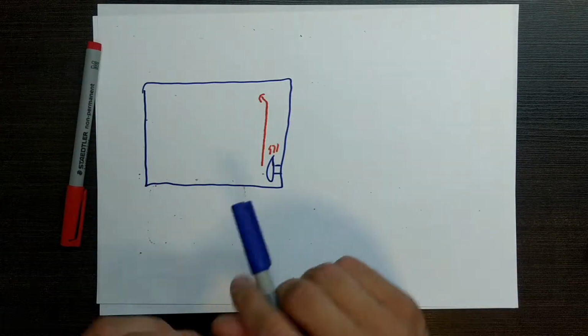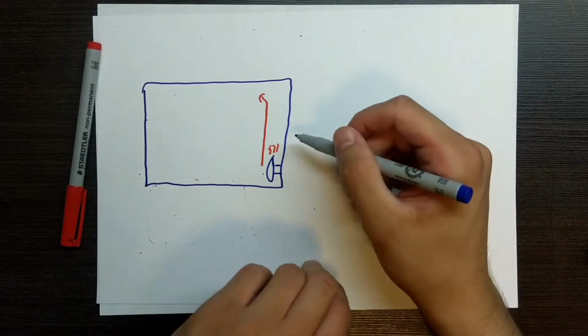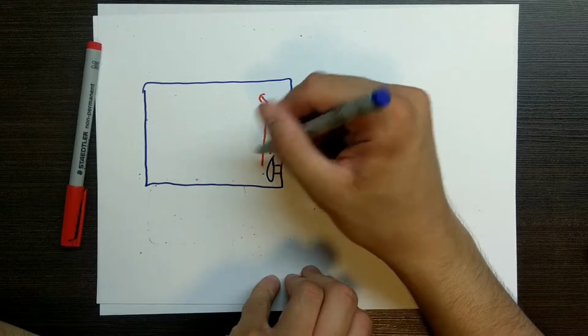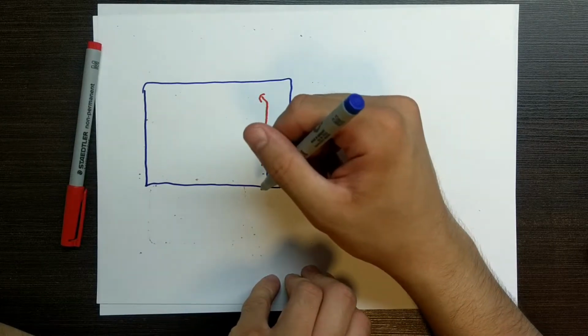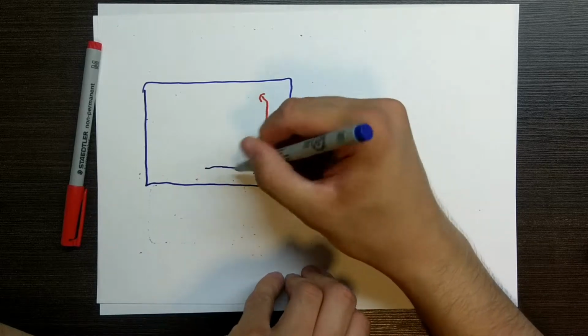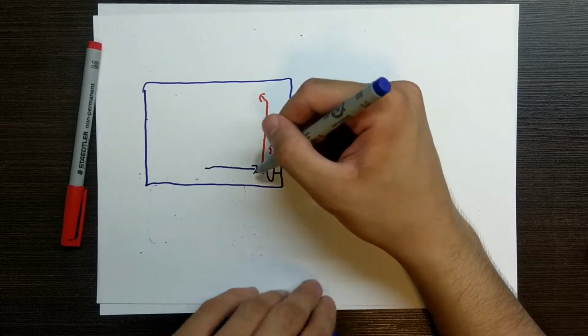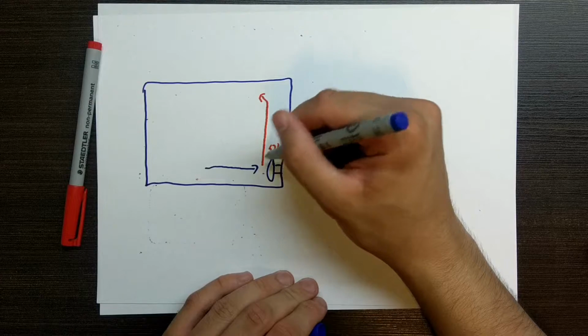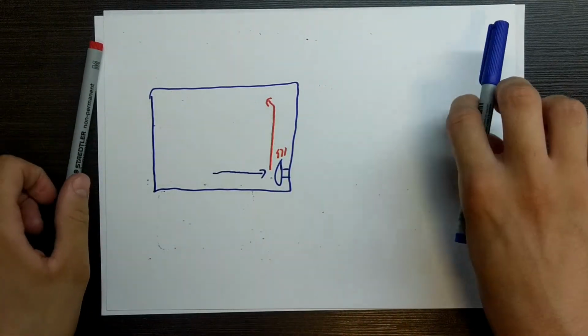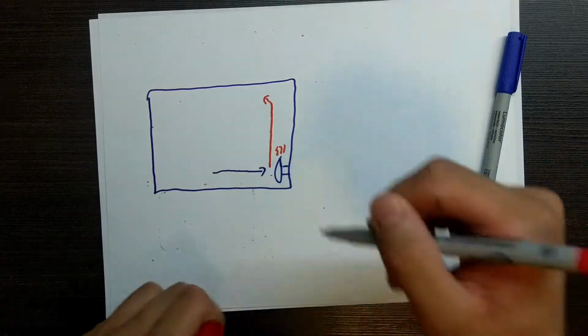Now, because the air has risen to the top, this air here needs to be replaced somehow. So it's replaced with cold air from the bottom of the room. Now, because the cold air is replacing it, it's being warmed up. So now that air keeps rising to the top as well.